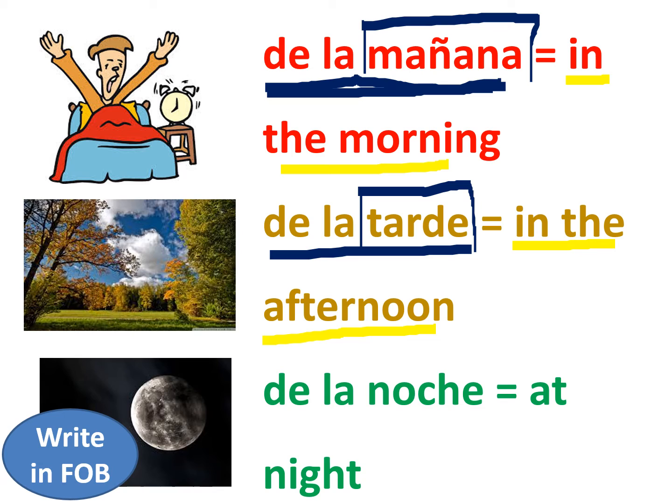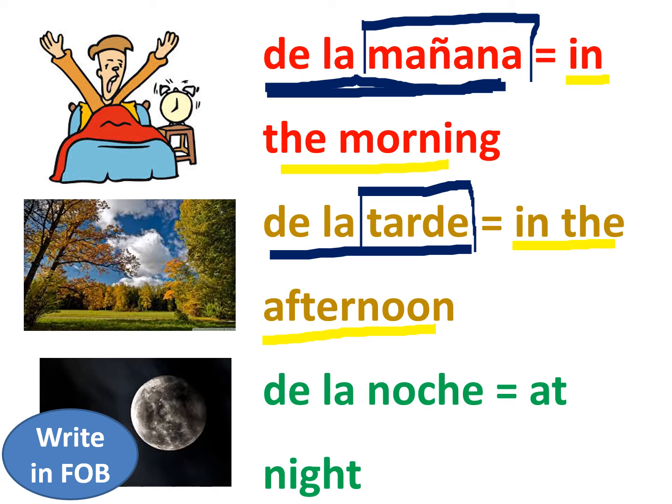For instance, it is 7:30 in the afternoon. That sentence is translated into Spanish as son las 7:30 de la tarde. It is 7:30 in the afternoon, son las 7:30 de la tarde.